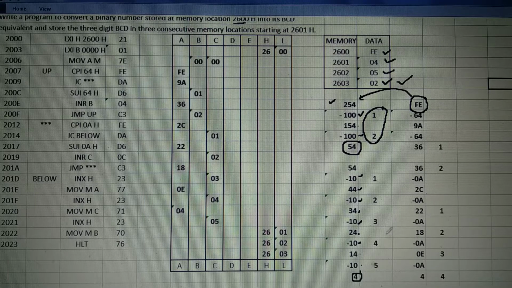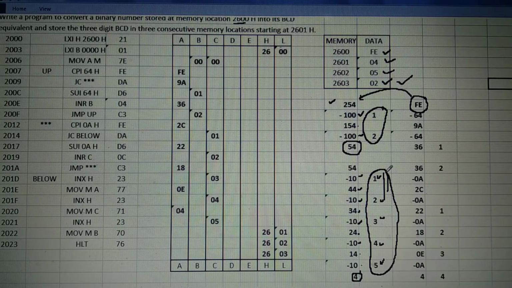But whenever you subtract 10, every time go on incrementing one counter. Here first time, second time, third time, fourth time and fifth time. When you subtract the value 5 times, the remainder is less than 10.